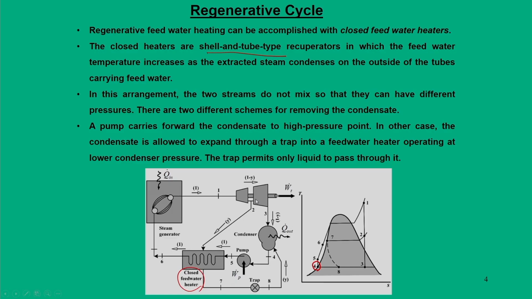And here the main intention is that both the streams, that is the steam that is tapped from the turbine and the water that enters from the pump, do not mix. So, that is why you call this a closed type feed water system.